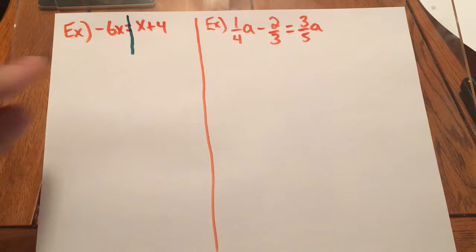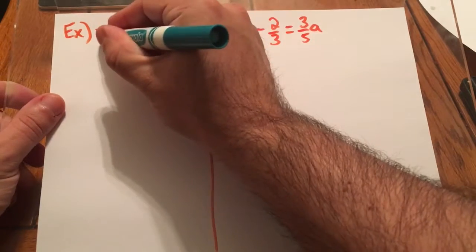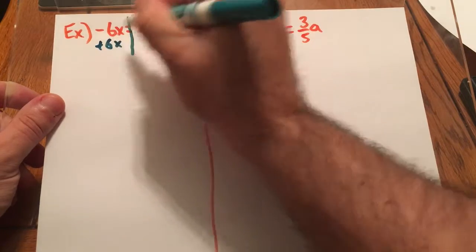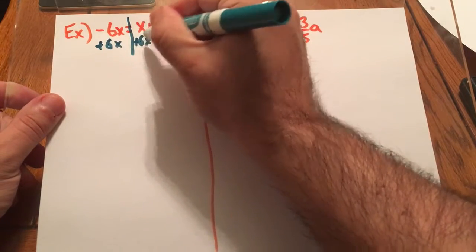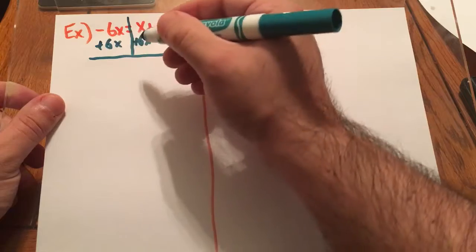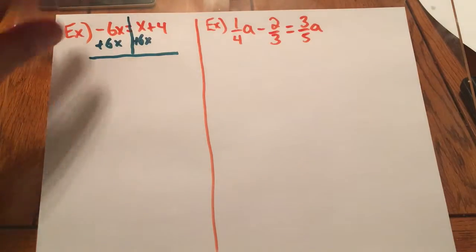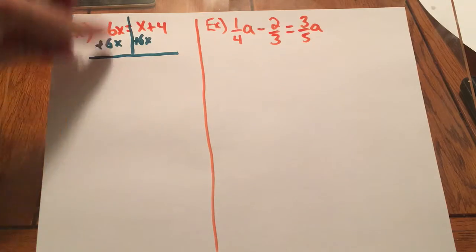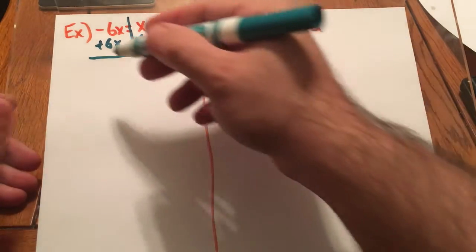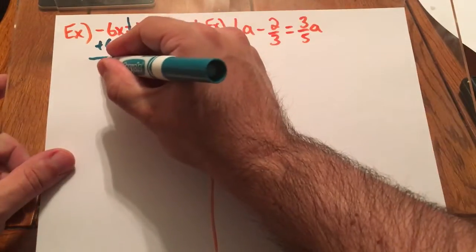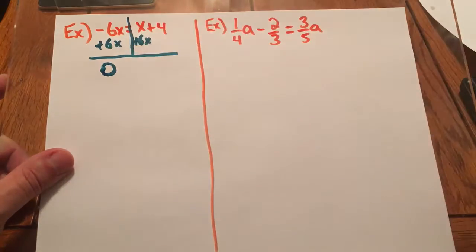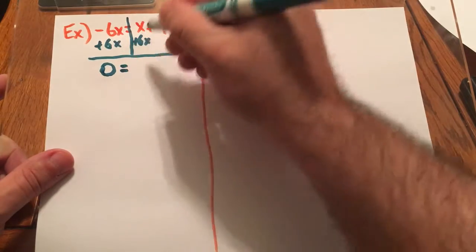So if you went ahead and did that, you could add 6x to both sides if you like keeping things positive. In this case, what you've gotten is negative 6x plus 6x, and in previous videos we just crossed that out and did not write a 0, but there's nothing left to write on that side, so when there's nothing left on that side you would have to write it as 0.